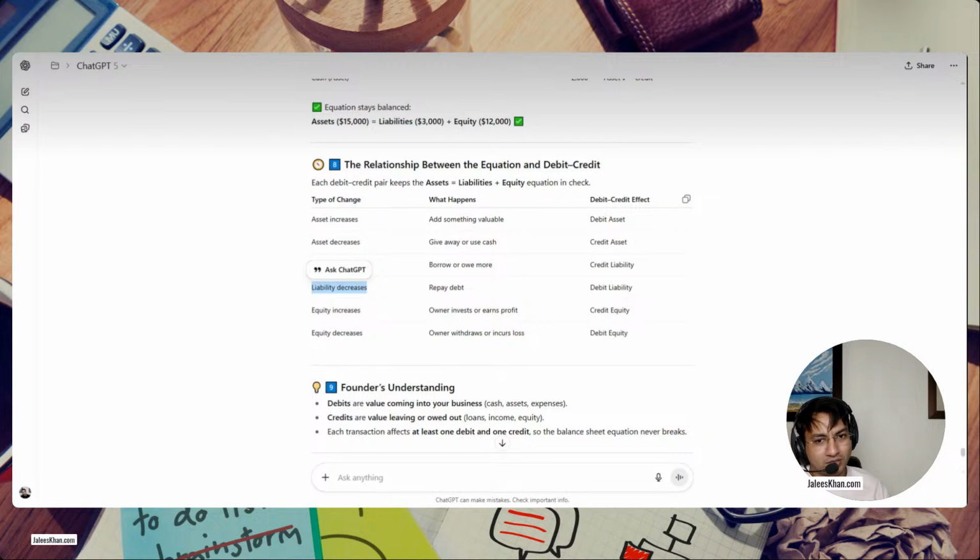But it says debit liability. Might be my understanding has to be corrected. Equity increases, same about this one, and the same confusion remains for me.